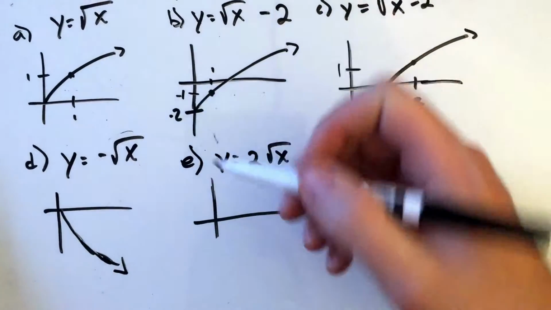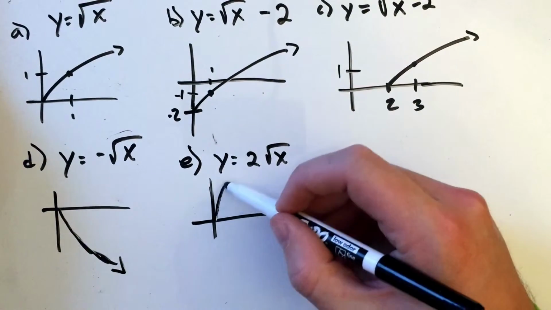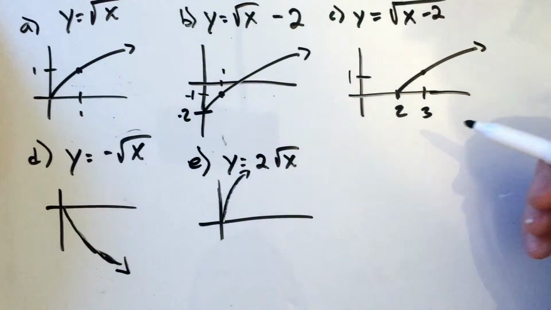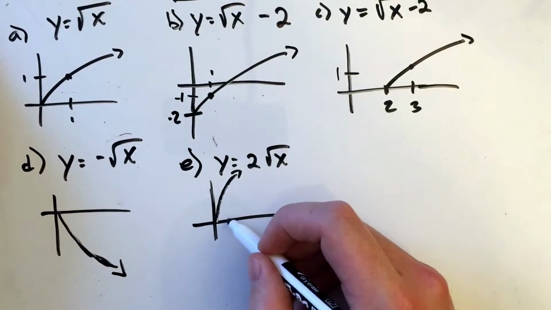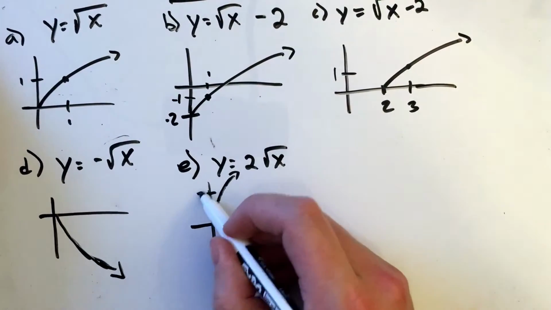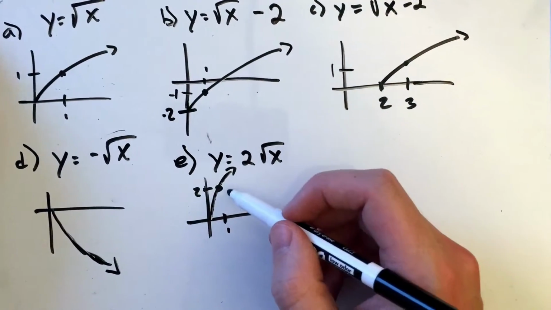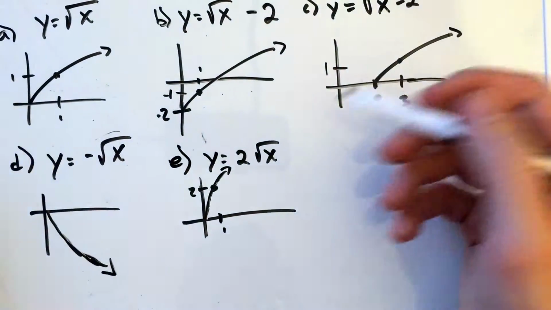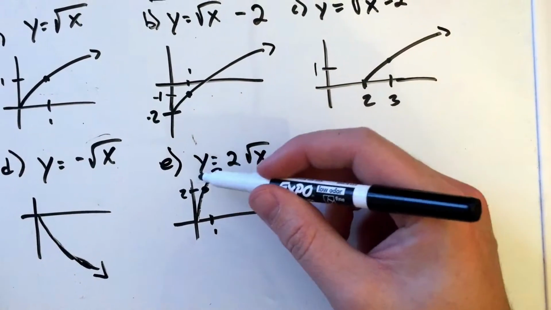It's going to move upward where it becomes more vertical, quicker, like so. Now these are sketches, not exact values. If you want to test the value, at 1, 2 is where that point would be. It's going to move up by that factor of 2. Plugging 1 in for x, my y output is going to be 2.